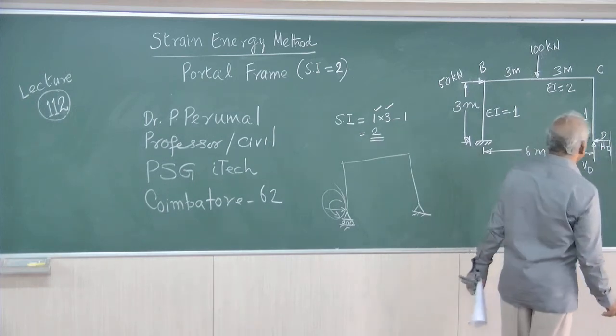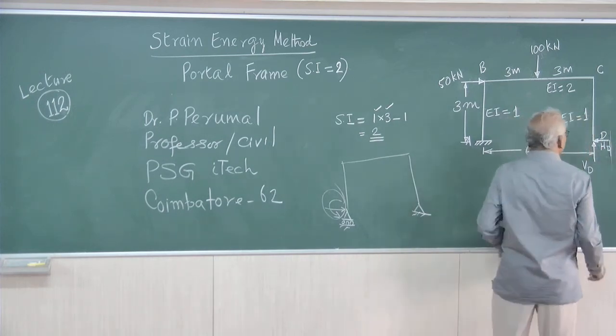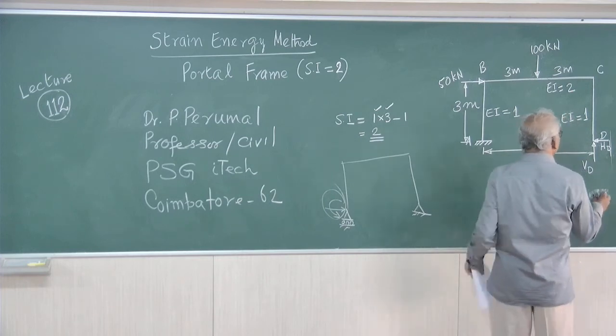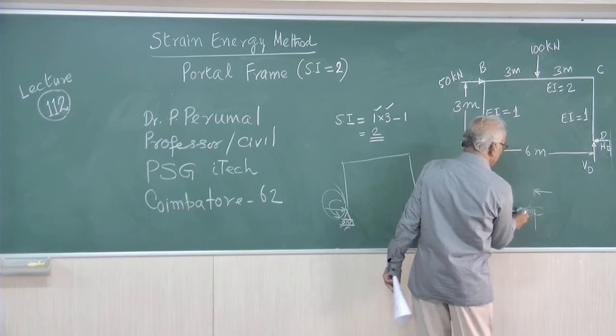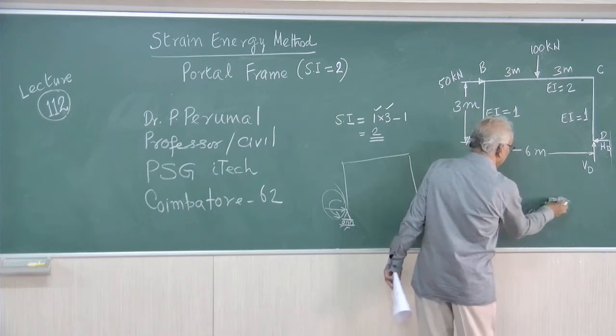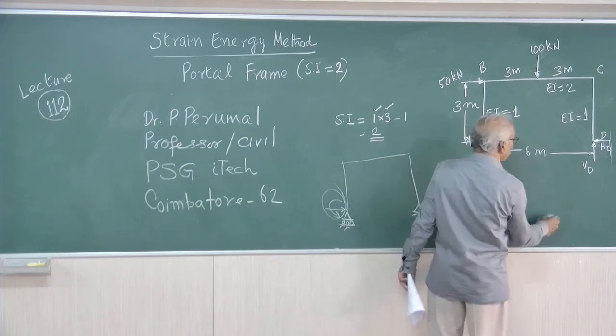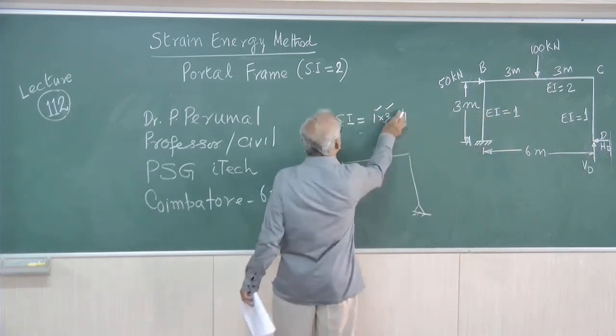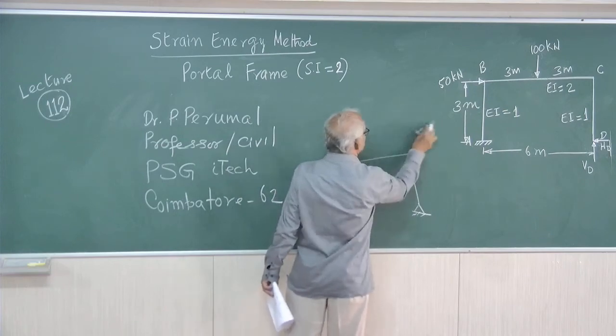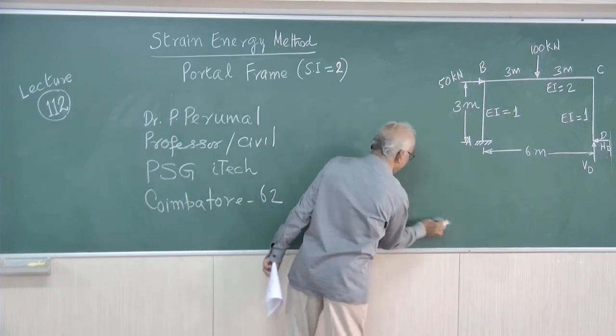Right, no problem. So, HD, VD and HD. So, we remove the support and replace the support by means of these 2 reactions. Now, on removing 2 reactions, the structure becomes statically determinate. So, SI equal to 2. So, that is the first work to be done. Right.